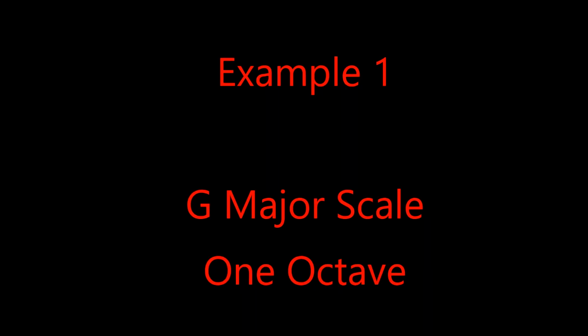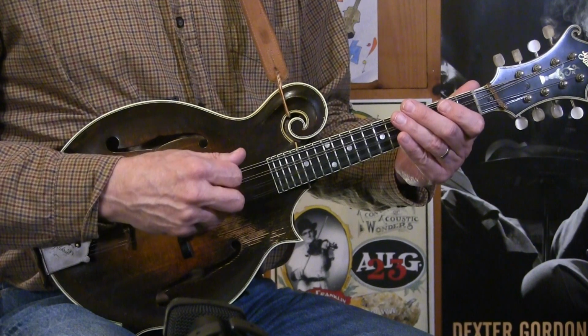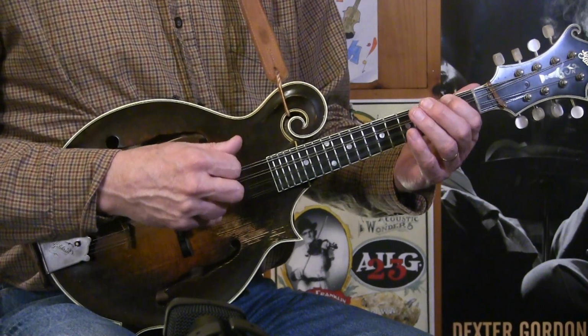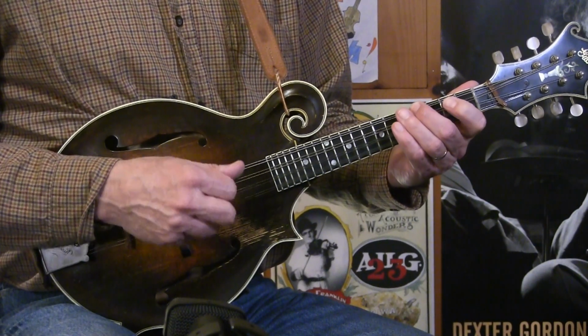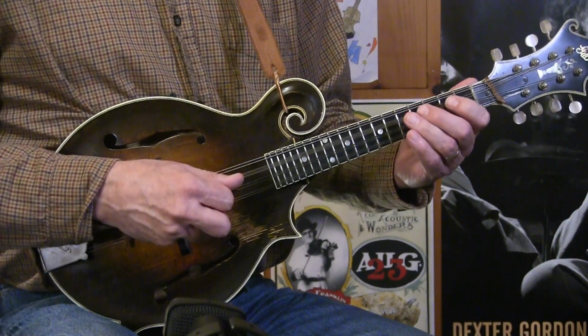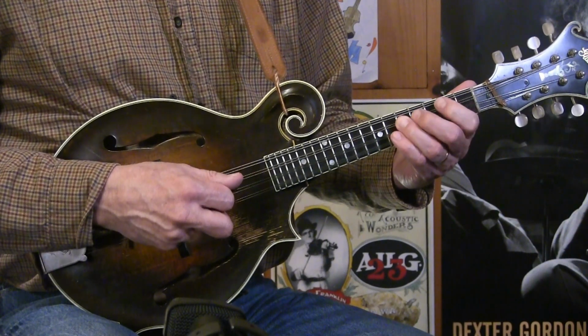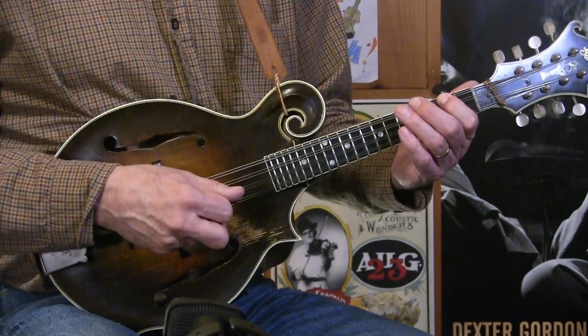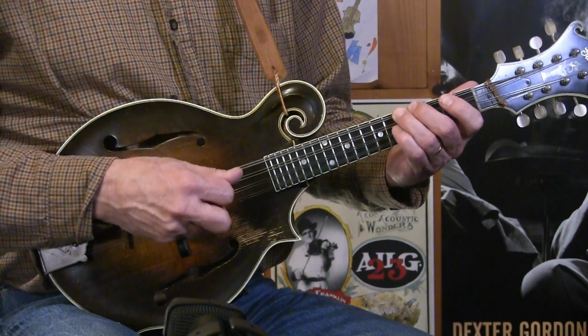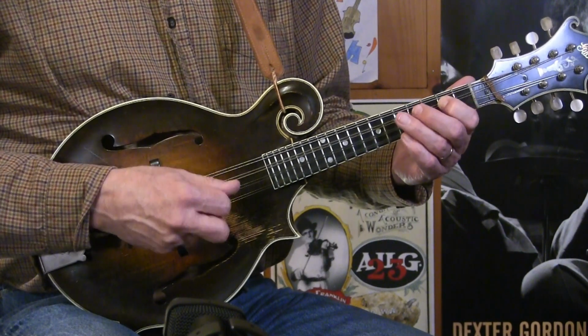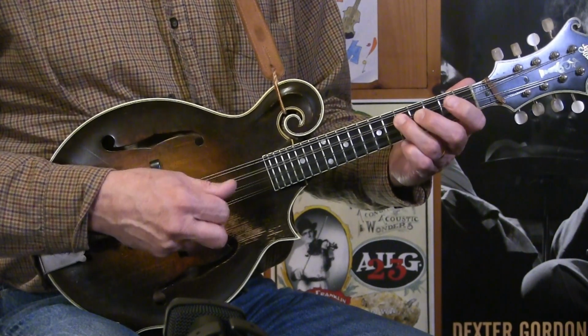Let's look at some basic music theory. Here, I play the G major scale in example 1. G, A, B, C, D, E, F sharp, G. 1, 2, 3, 4, 5, 6, 7, 1.